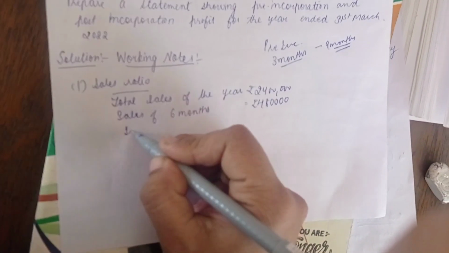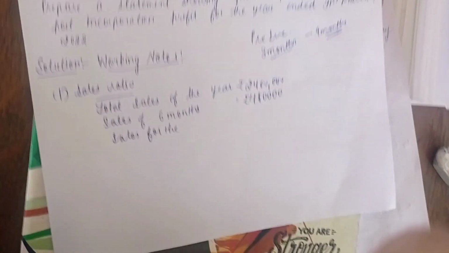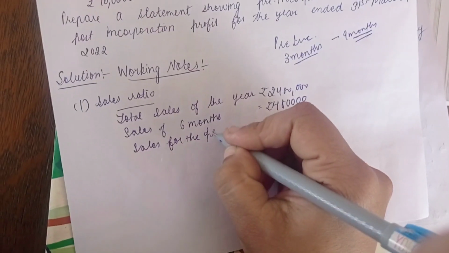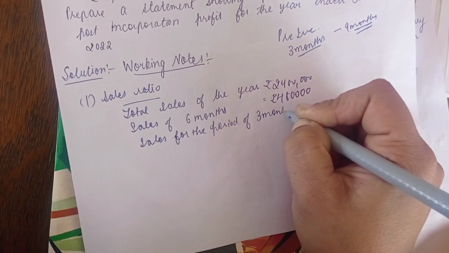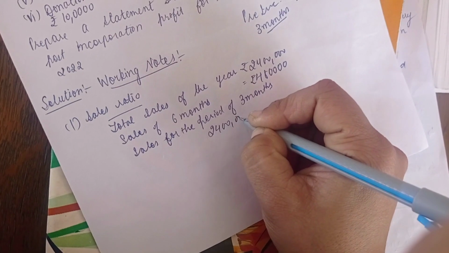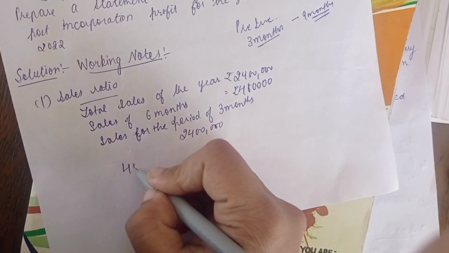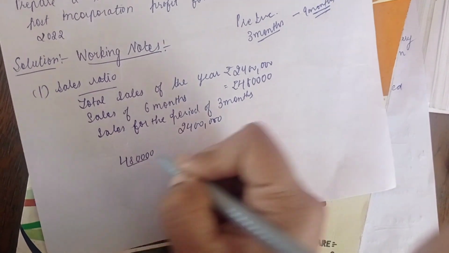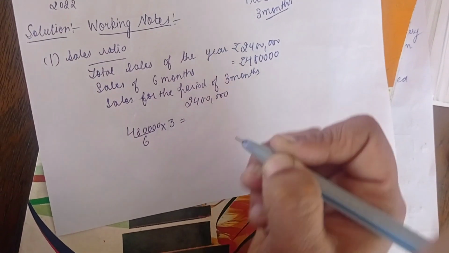Now we can calculate the sales for the period of 3 months. Now how can we calculate this? Total sale is given to you, 24 lakh rupees, right? And out of this, 4,80,000 belongs to 6 months. This is 6 months, and we have to calculate for 3.